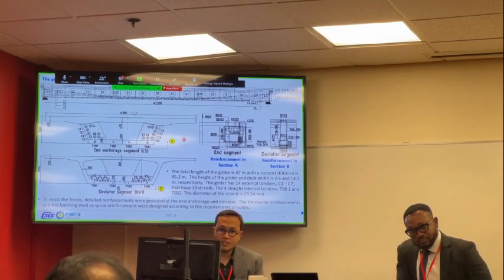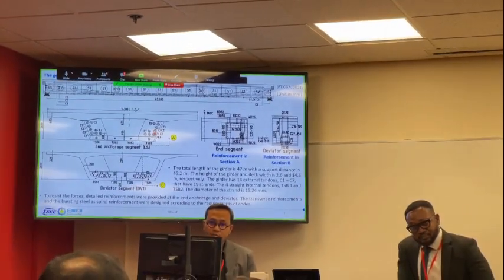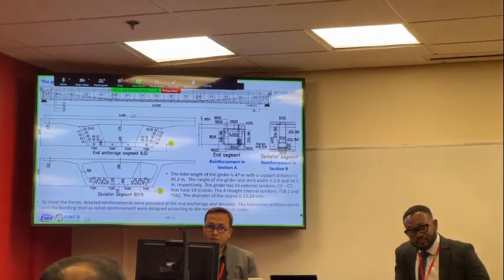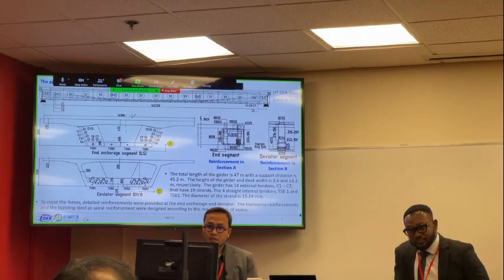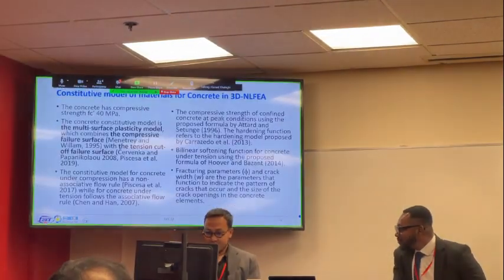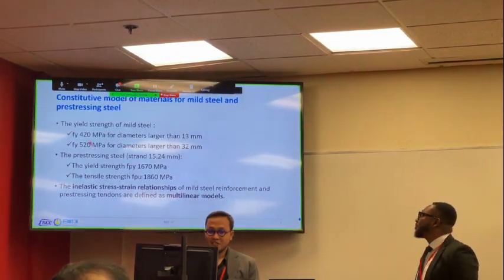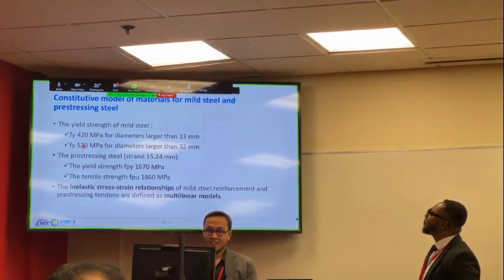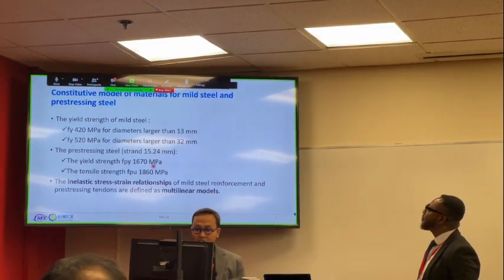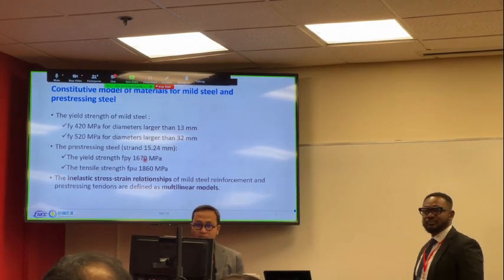The second question was the yield strength of the strand that you showed was about 1500 MPa. It should be more than 1800 MPa as per PCI. Oh, yeah. This one? Okay, tensile strength, fpu. I'm talking about the yield strength. Yield strength should be more than 1800 MPa.